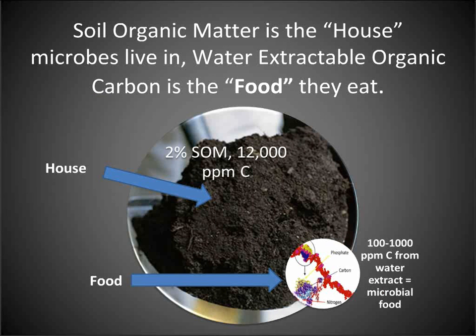So, organic matter, we hear that a lot. To me, that's the house the microbes live in, and the water extractable organic carbon is the food they eat. And so what we're measuring is this water extractable carbon, which I've got the arrow pointing to as the food. And the other nice thing is we show water extractable organic carbon, water extractable organic nitrogen, and there's phosphate on there.